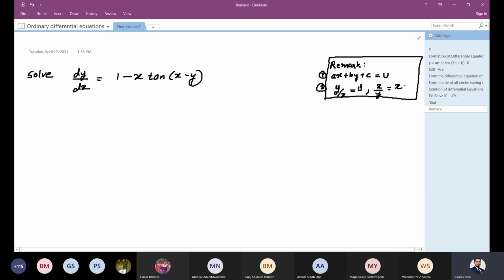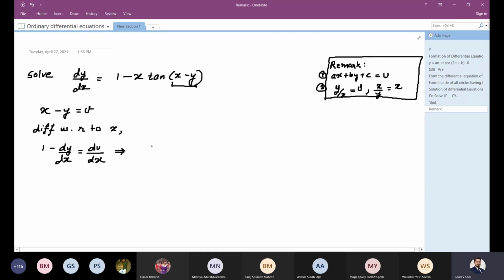So majorly, examples depend on these two types of substitutions. In this case, I will put x minus y equal to u. Once I put x minus y equal to u, differentiating with respect to x, note that you also need to replace dy by dx. For that, it is very important that you make the term dy by dx from the substitution.